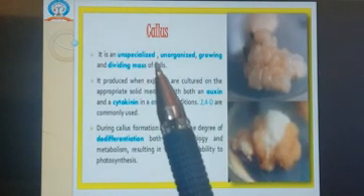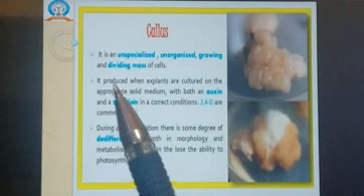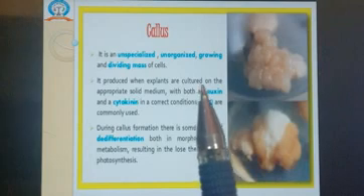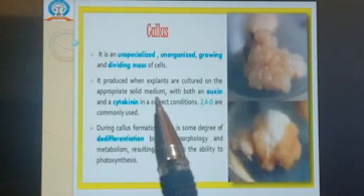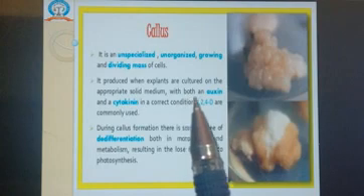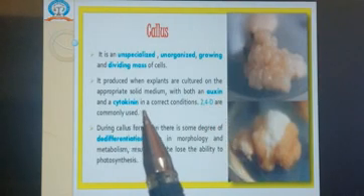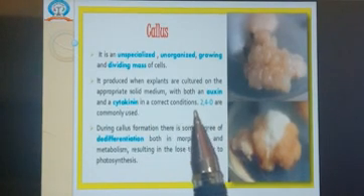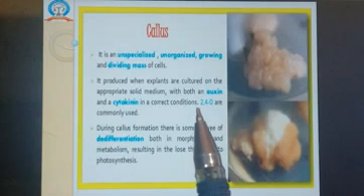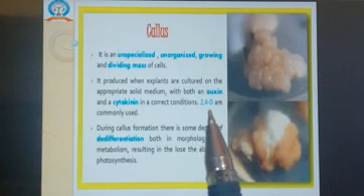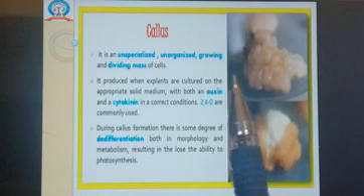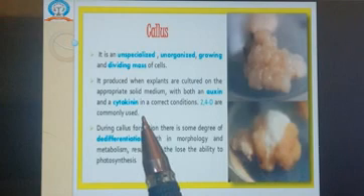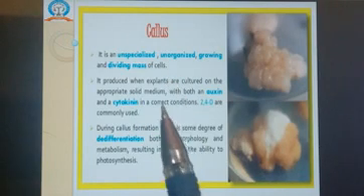It is an unspecialized, unorganized, growing and dividing mass of cells. It is produced when explants are cultured on an appropriate salt or solid medium with both an auxin and cytokinin in the correct condition. 2,4-D is commonly used. 2,4-D is a well-known weedicide, and it also enhances cell division. That is why in callus culture 2,4-D is commonly used first and gives good results, and you can observe it here.